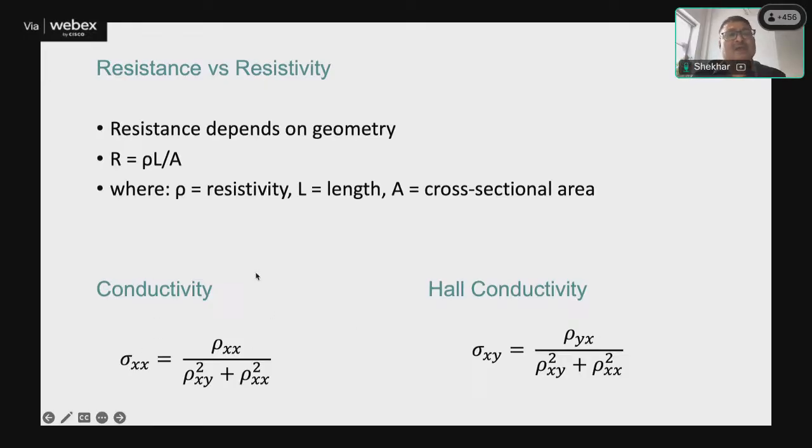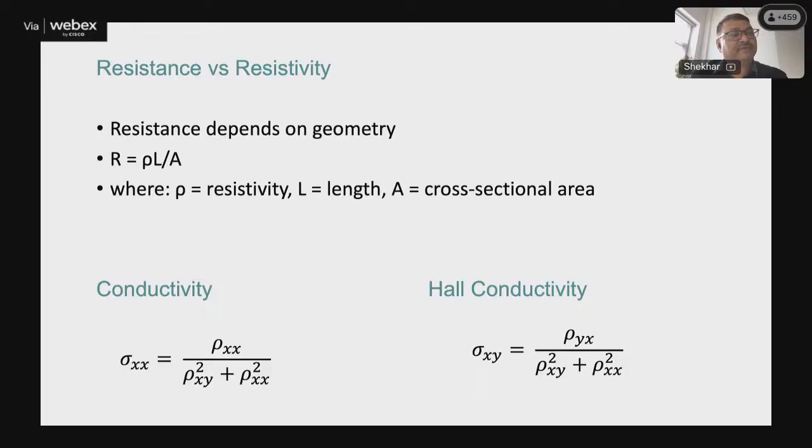This is the normal conductivity, and similarly here we have Hall conductivity. We measure first the Hall voltage, then convert into Hall resistivity, then finally we convert it into Hall conductivity. So these are the standard formulas.